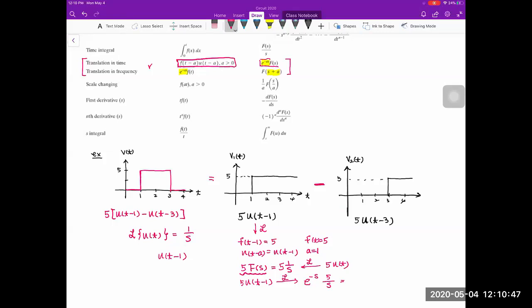Okay, similarly, if you look at the right-hand side of this function here, if you do a Laplace transform, what will it look like? It will be e to the minus a s, where a is equal to 3, and you multiply with the Laplace transform of pi u(t). Pi u(t) is pi over s.